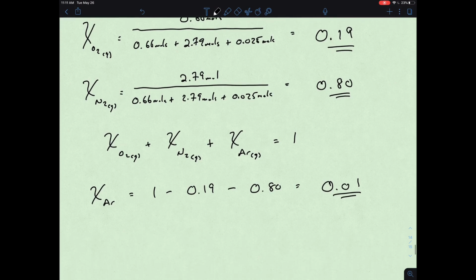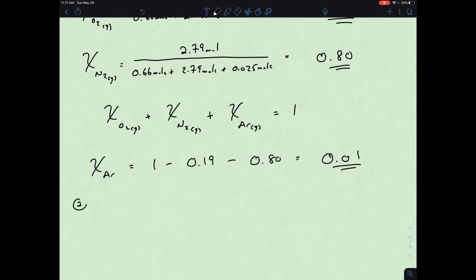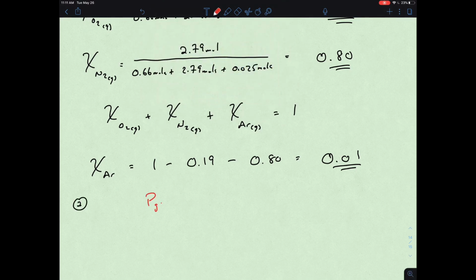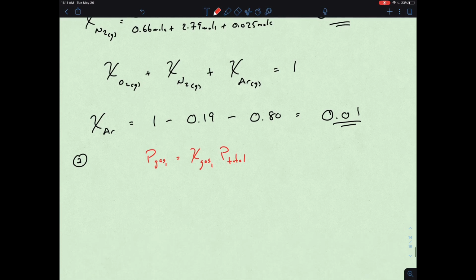So that was step 1, and now we can move to step 2, which is solving for the pressure of each individual gas. We know the total pressure, we know the mole fraction, and since our total pressure is 1, that really means that these mole fractions are the same as the partial pressure.